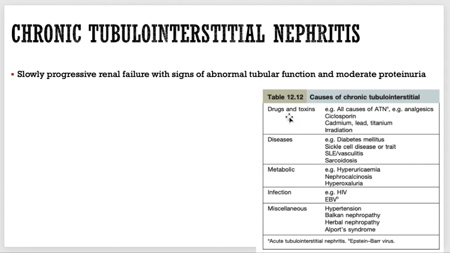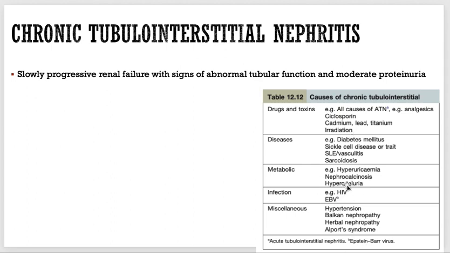The drugs can be exogenous, which you are taking from outside, like NSAIDs, which is the most common cause, lithium, cyclosporin, lead. There are some Chinese herbs as well, which can cause this, or it could be an endogenous toxin or drug. So these are all the causes.